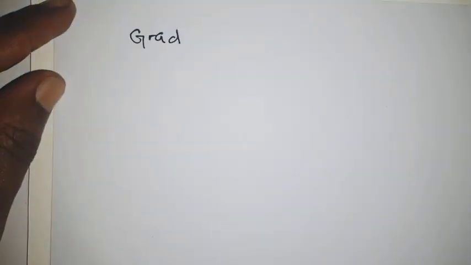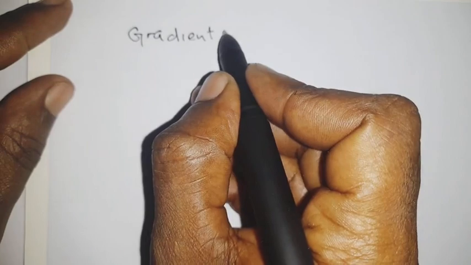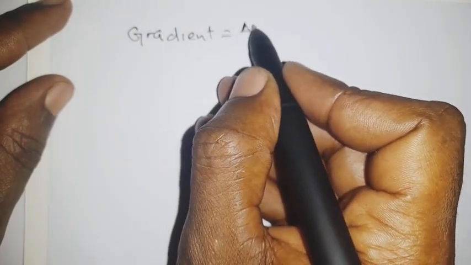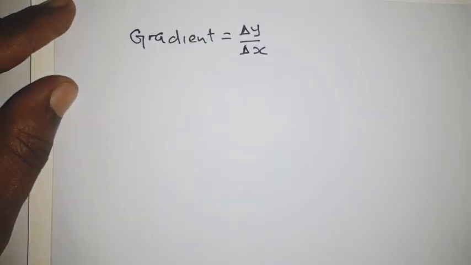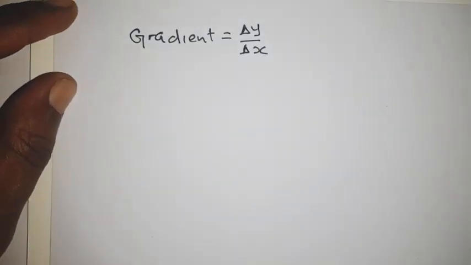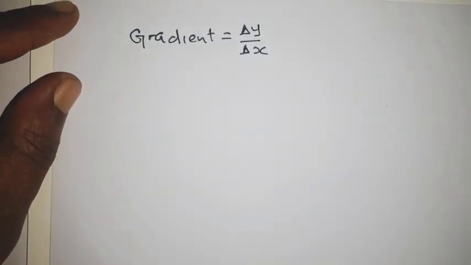First of all, we all know that the gradient of a straight line is given by change in y over change in x. Change in y coordinates over change in x coordinates gives us the gradient.